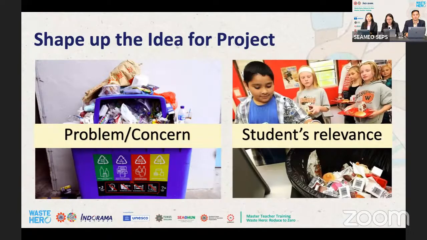We have to check it first, not only in school daily life, but also at home and in their community. If it's related to students, they're going to have shared experience, and they're going to have a willingness to do this project. Because if we select a far away or unrelated problem for students, that's going to be just a direct assignment or direct homework from the teacher, not a design from students to find the solutions by themselves.